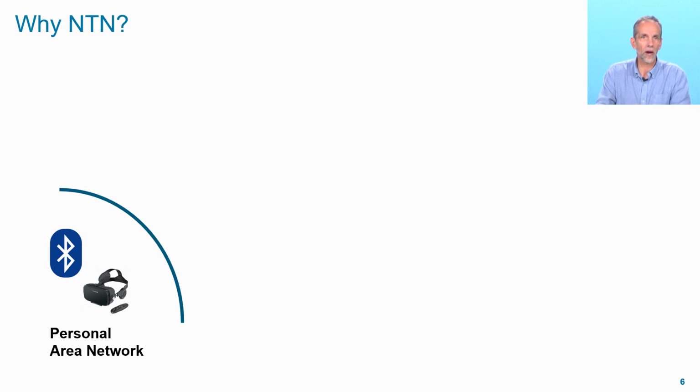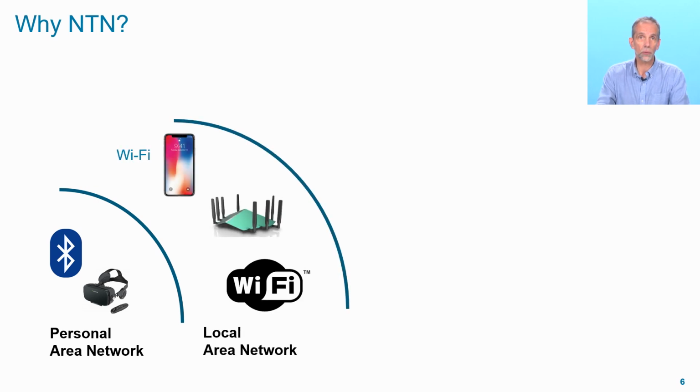Let's also build out our diagram here and talk about ubiquitous connectivity. We start with a personal area network, which operates on a scale of meters. Bluetooth is a prime example. Local area networks, which operate on the scale of tens to maybe a few hundred meters. Wi-Fi is a shining example there.